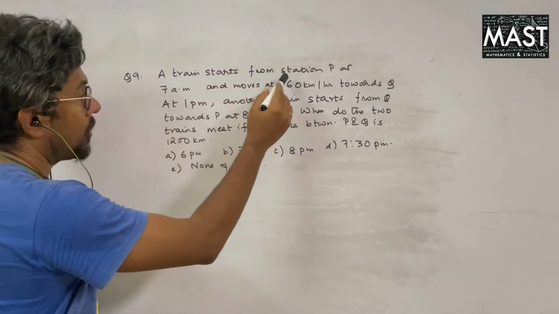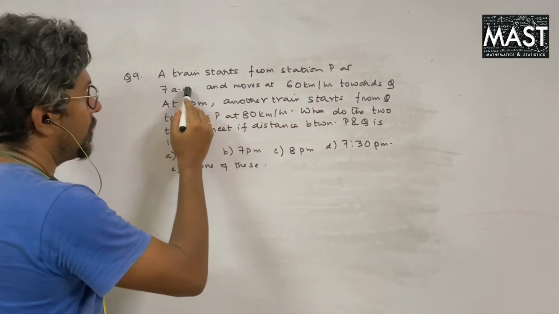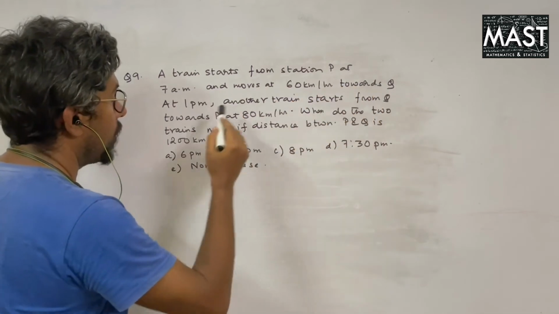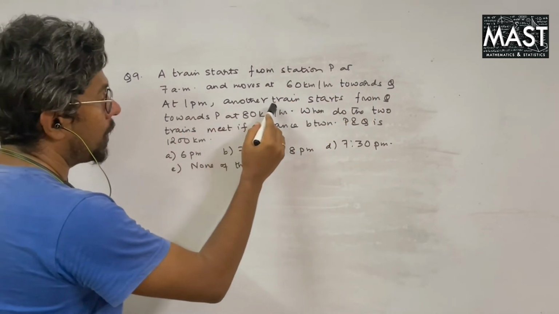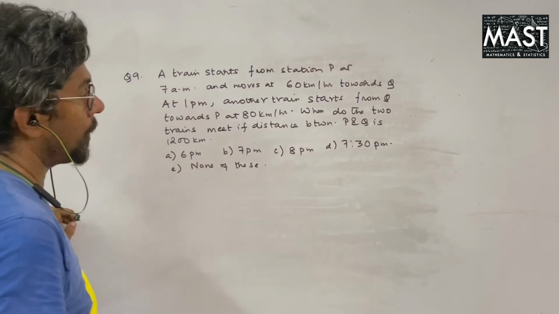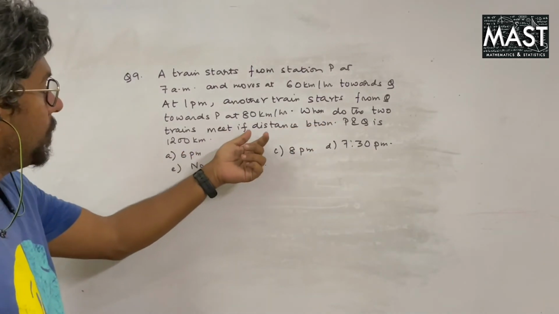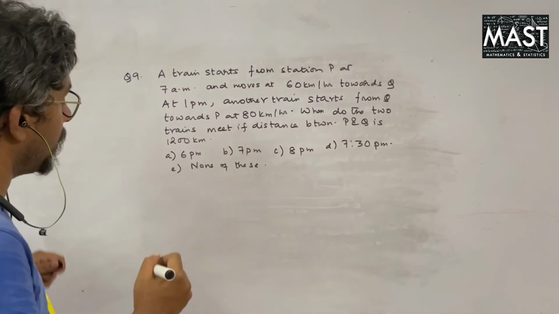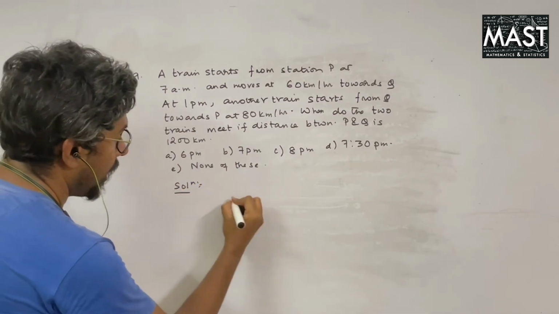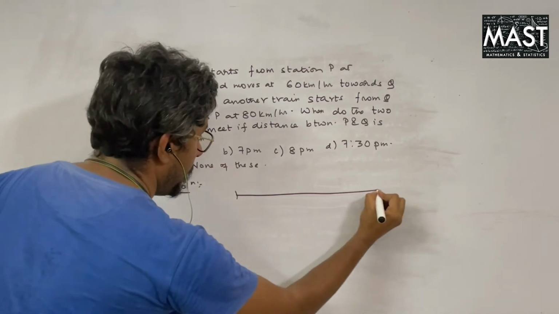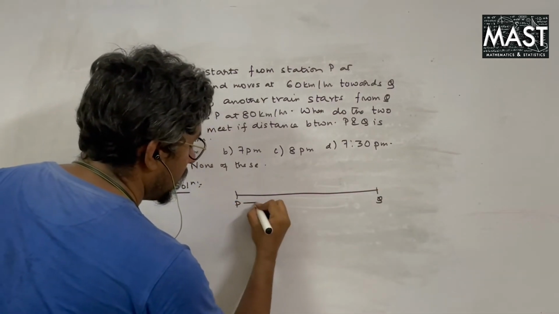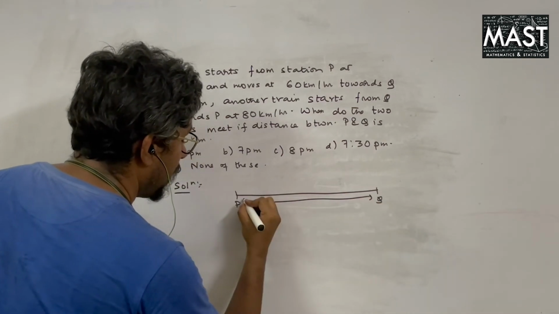A train starts from station P at 7 am and moves at 60 km per hour towards Q. At 1 pm, another train starts from Q towards P at 80 km per hour. When do the two trains meet if the distance between P and Q is 1200 km? So let us draw a rough diagram between P and Q. So the distance is 1200 km.